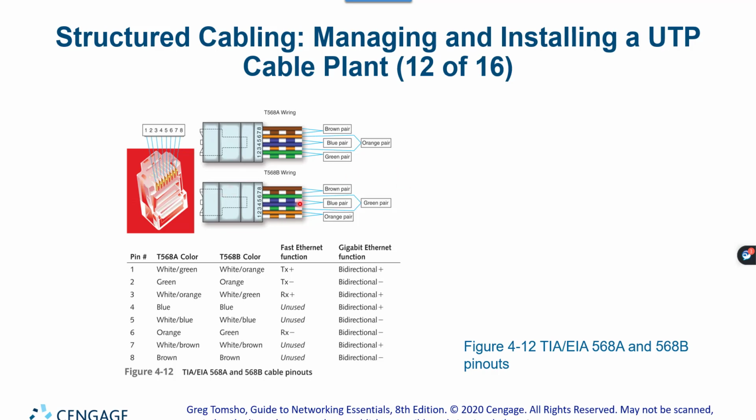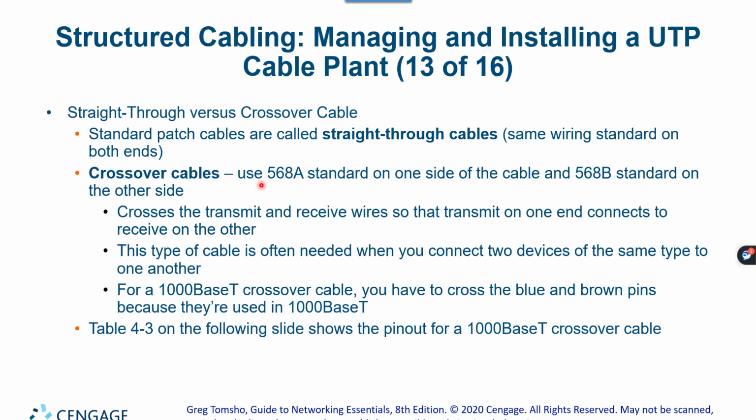We also have another type of wire called a crossover wire, a crossover cable. We're going to use 2 different standards on the ends of the cables. So if we want to do a crossover cable, we use 568A on one end, we use 568B on the other end. Crossover cables are special use cables.